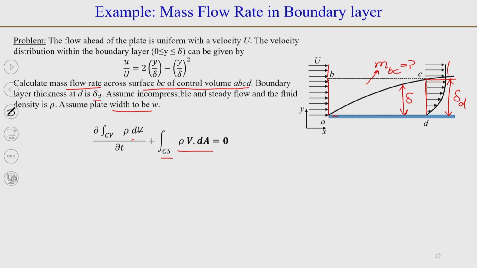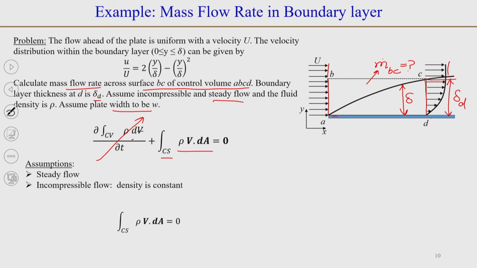Now, we can assume the flow to be steady and incompressible. So, density is constant, flow is steady. So, we can take rho is constant and the first term becomes 0. Okay.